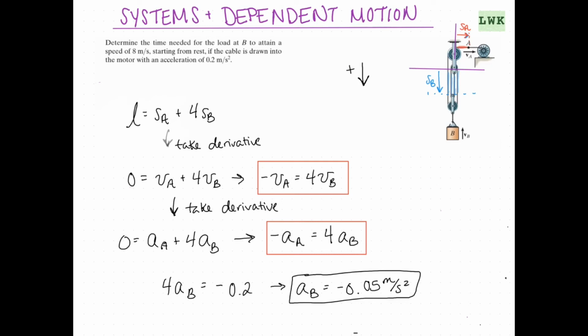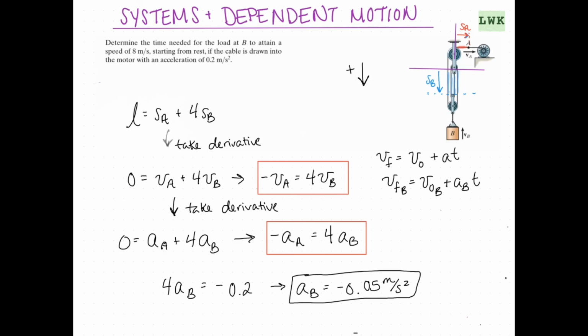So we want to find the time needed now. We're going to use this equation: VF equals V initial plus AT. Our final speed of B equals our initial speed of B plus acceleration of B times time.